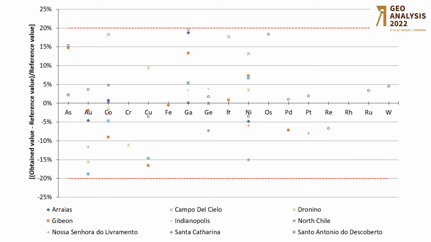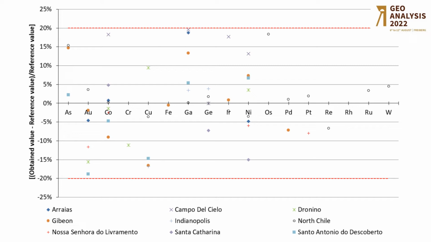Here we present a comparison overview between results obtained by ICP MS and published data for the 9 non-iron meteorites. The relative difference between obtained and published values is in the range of more or less 20% for almost all elements and samples, which is an acceptable accuracy for trace elements level.